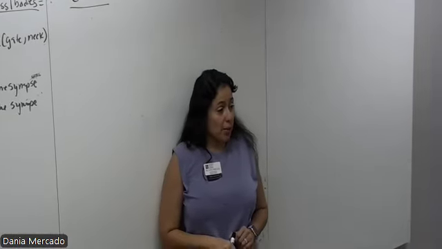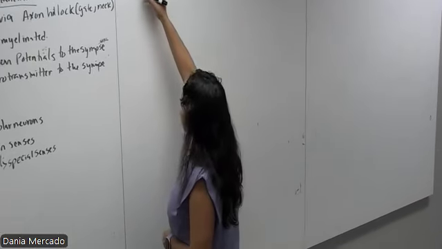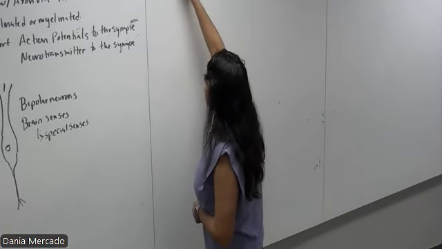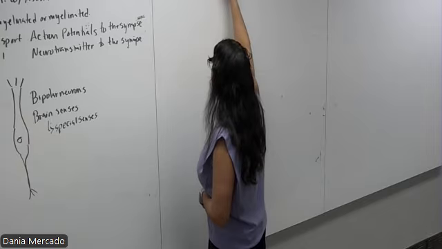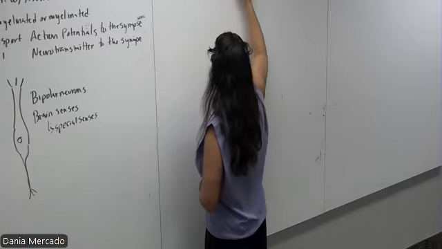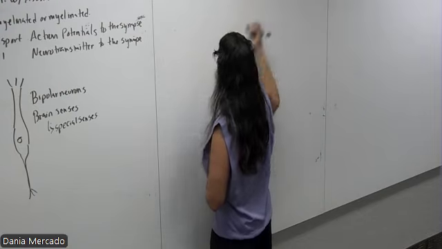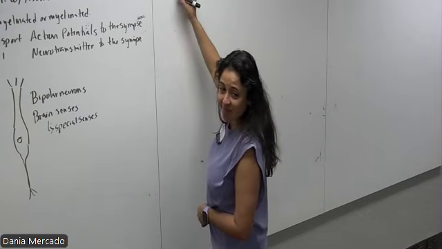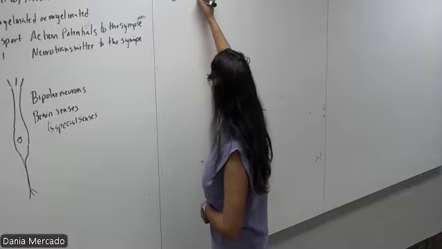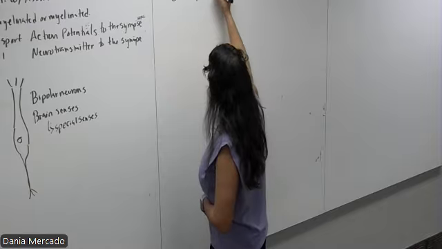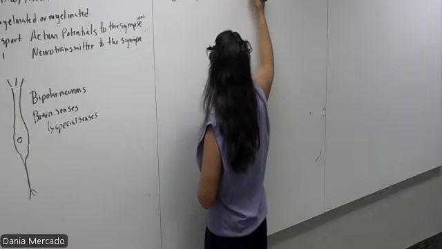The first one, let's start with myelin production. Who produces myelin in the central nervous system? Oligodendrocytes, right? Who produces the cerebrospinal fluid? Yeah, ependymal cells.